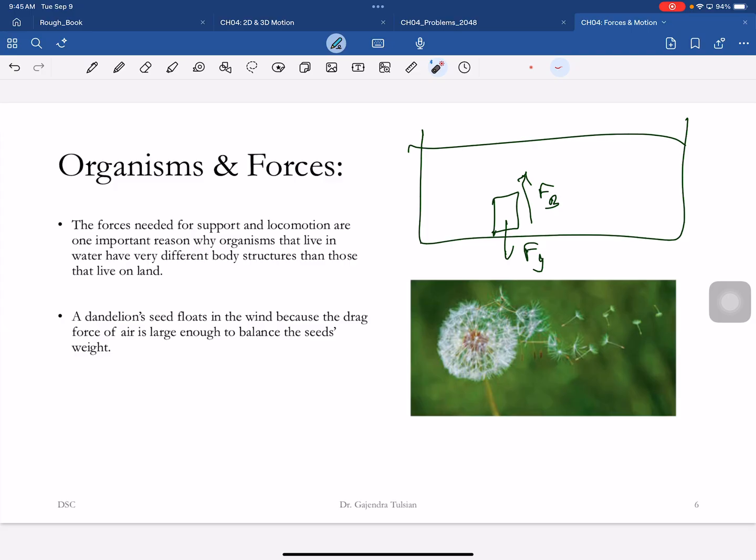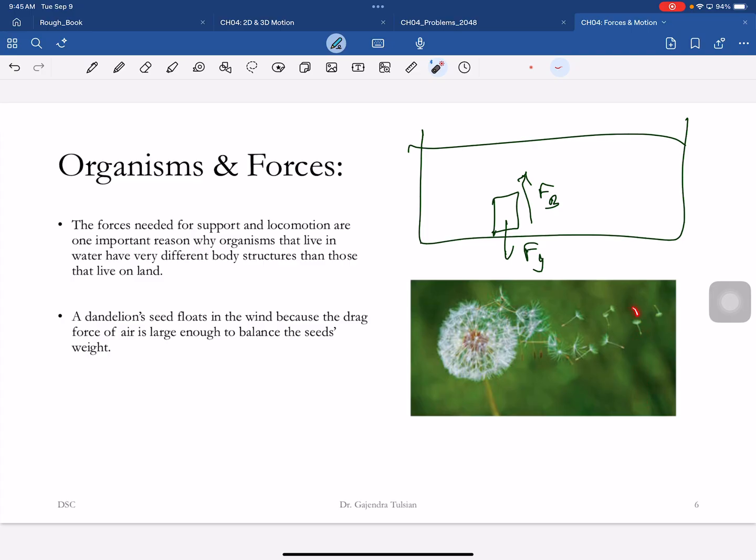Okay? And let's say here's an airplane. If I take this airplane and move it fast enough, you get a lift force, and if this lift force is greater than its weight, the plane would rise. Okay? So in the seeds here, these structures provide drag forces which are sort of canceling the weight.